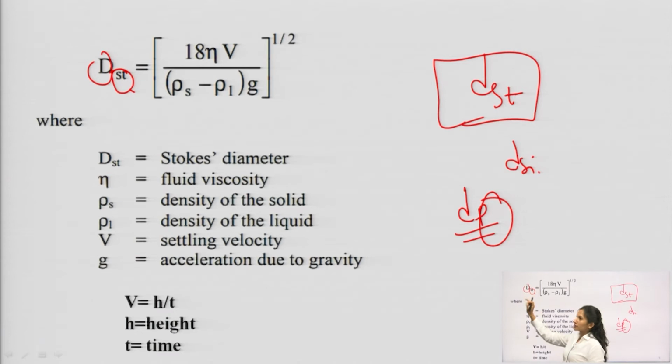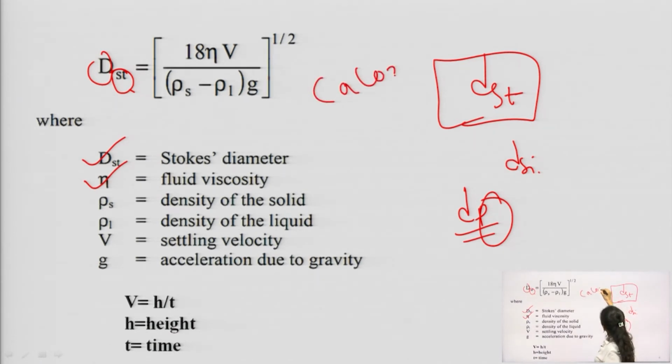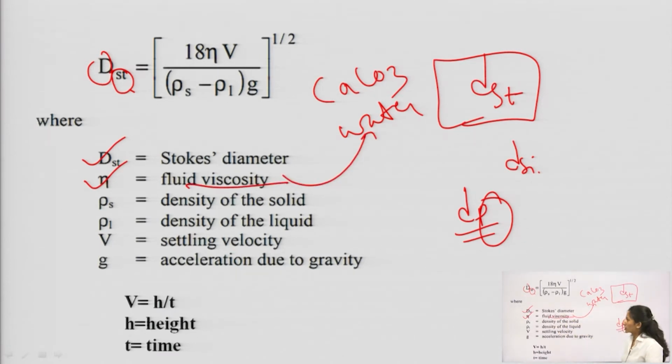So here the dSt, Stokes diameter, the formula for the calculation of Stokes diameter is the square root of 18 eta v upon rho s minus rho 1 g. Here dSt is the Stokes diameter which you have to determine. Eta is the fluid viscosity. If I have prepared calcium carbonate suspension in water, then fluid viscosity means the viscosity of water.